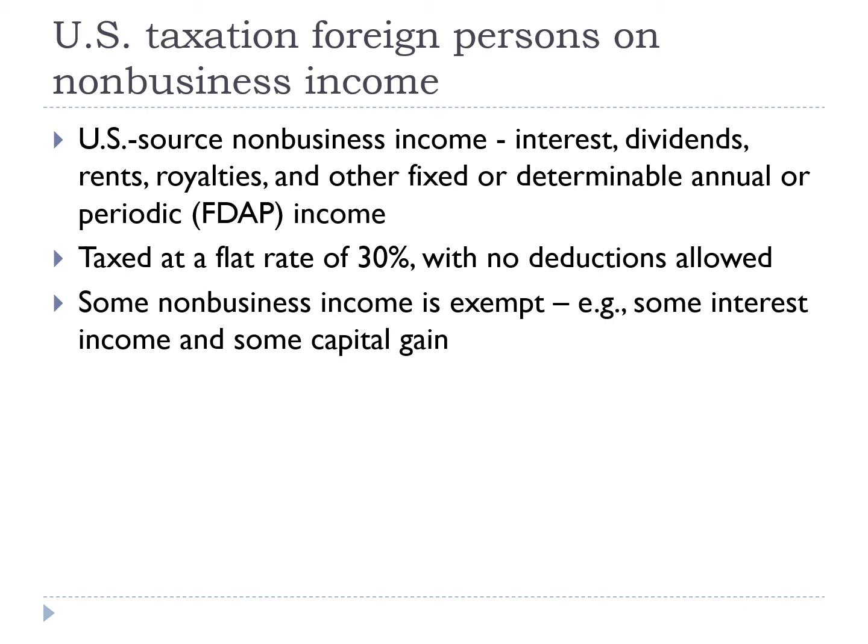Some non-business income is specifically exempt from tax. This includes, for example, some U.S. source interest income, and some capital gains. However, an exception exists for U.S. source gains on sales of real property, which are taxable.